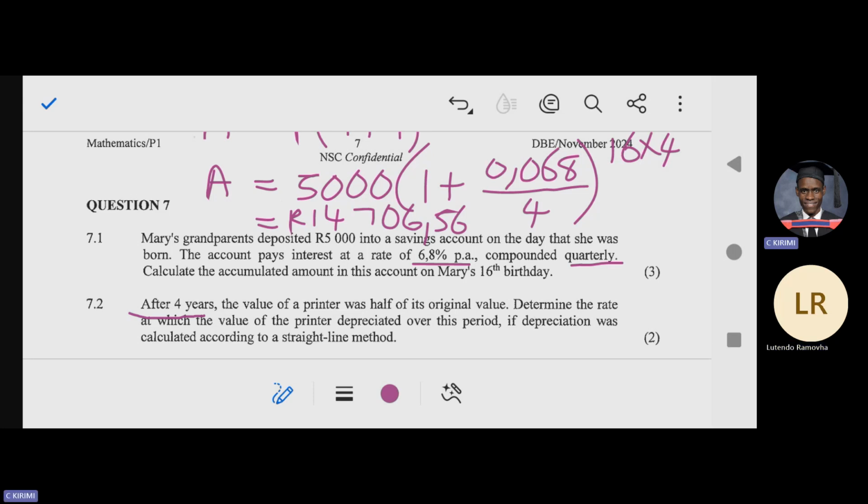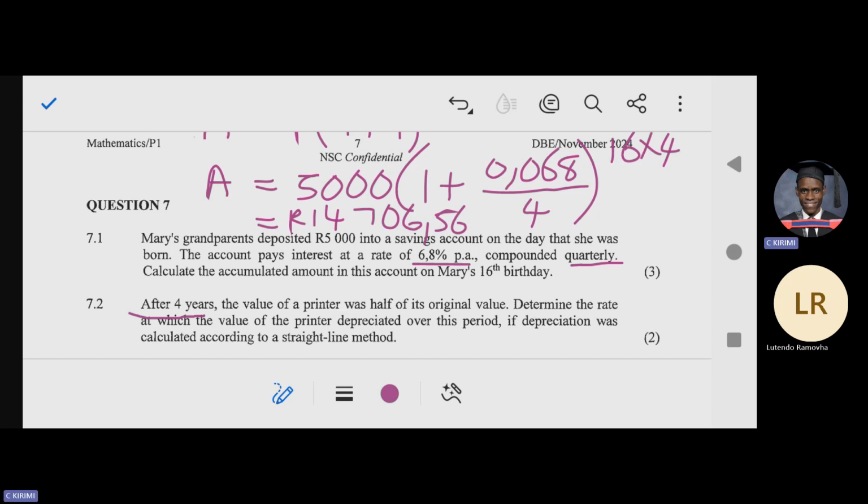Determine the rate at which the printer value depreciated over this period if depreciation was calculated according to straight line method.